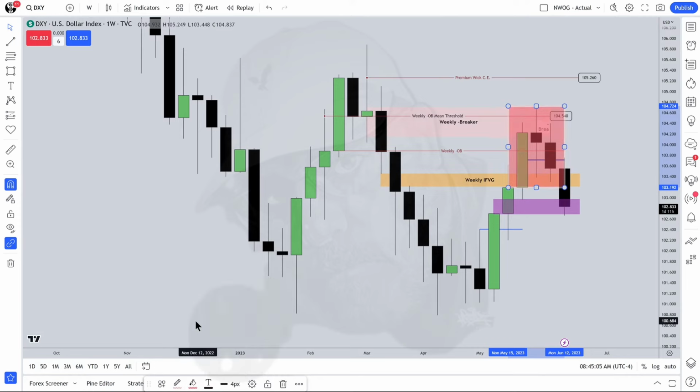Okay, so inside that darker shaded pink area, inside that rectangle, notice how there was a lot of back and forth, up and down price delivery. You see how it's created a small trading range in there? Where is there a break in all of that back and forth movement? It's in that shaded purple area here.